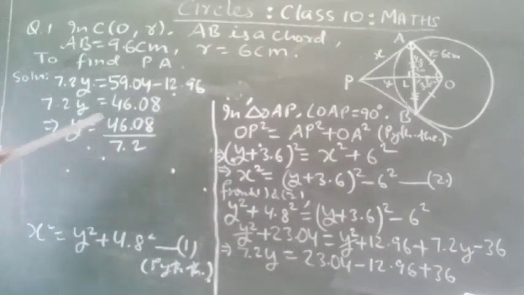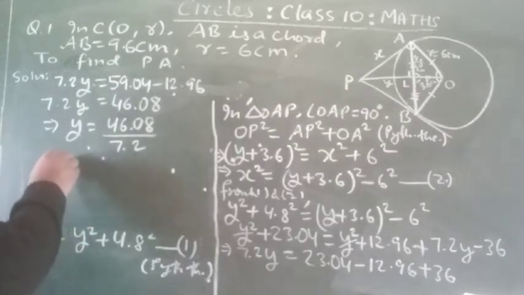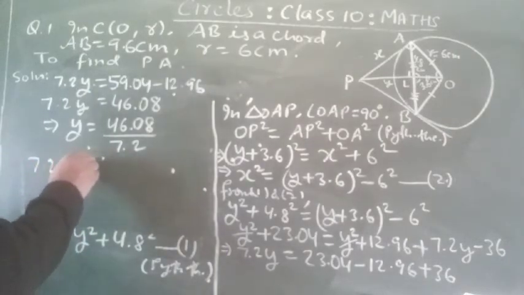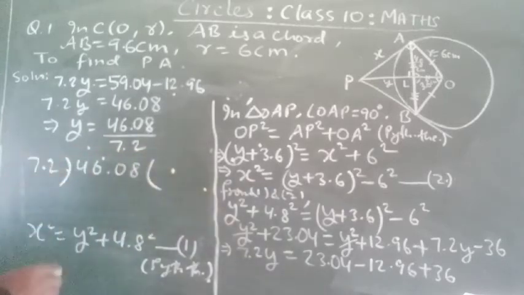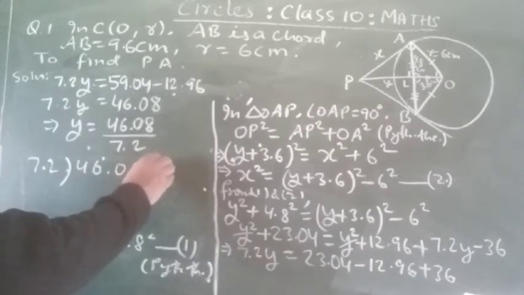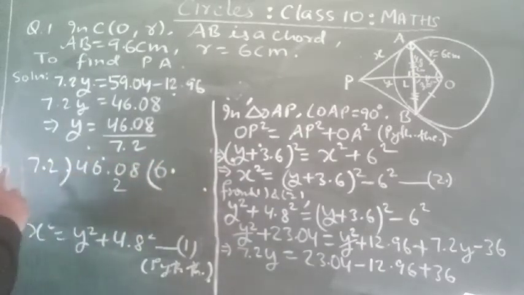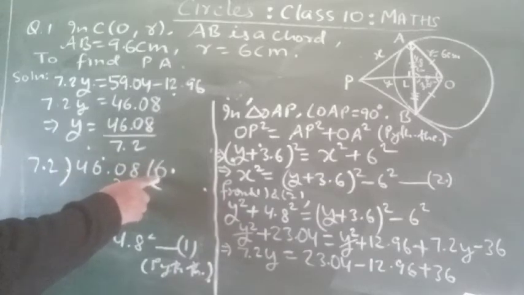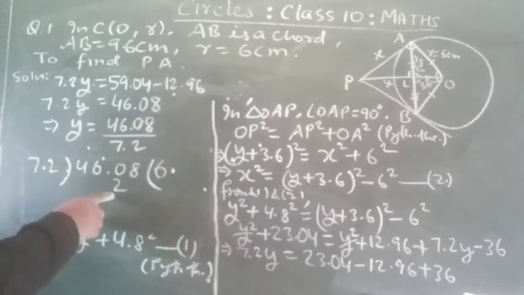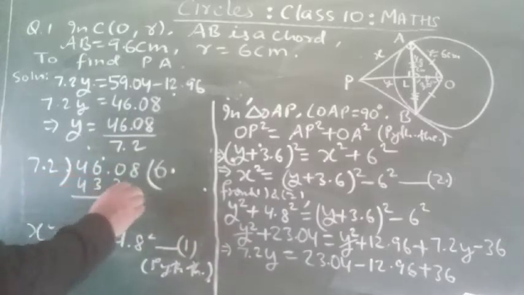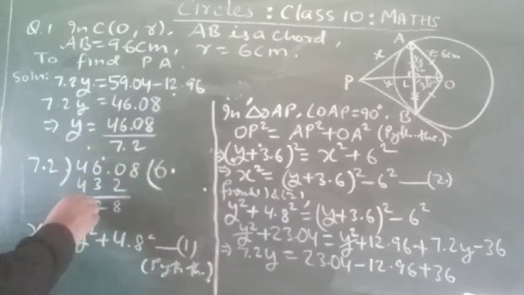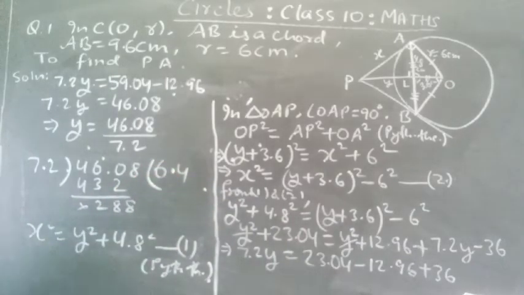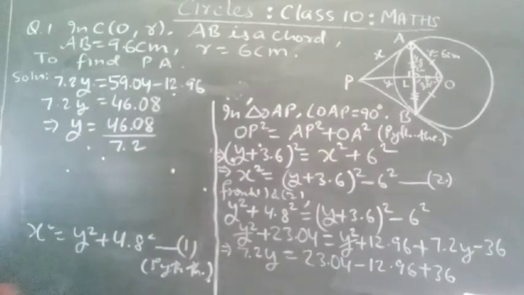So if you do the calculation, 7.2 divided into 46.08, it will come to 6.4. Now what is the value of y coming? It is 6.4.